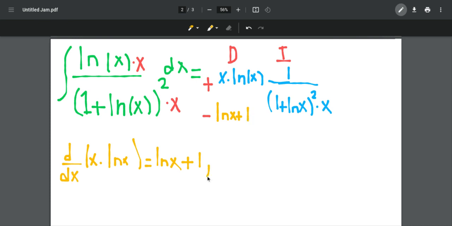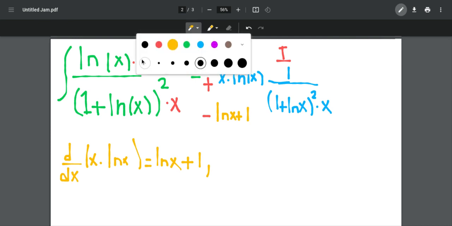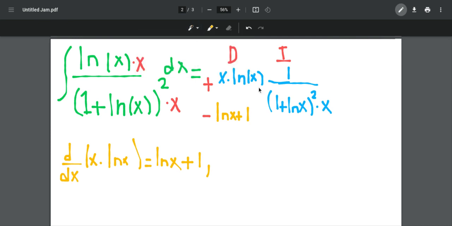And now I'm going to use black for integrating 1 over 1 plus natural log of x, squared. We're going to do this in our head. Let u substitution, u equal to 1 plus natural log of x. We know that du is just 1 over x dx, so dx is x du.